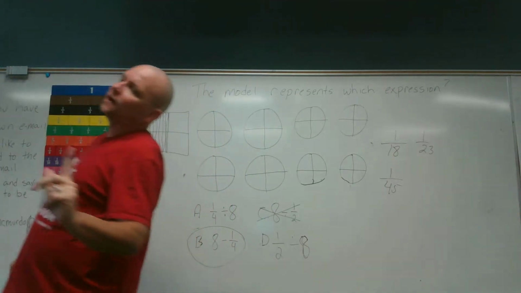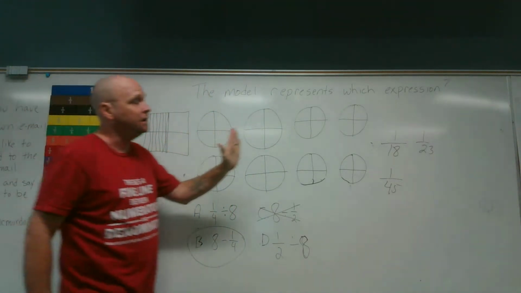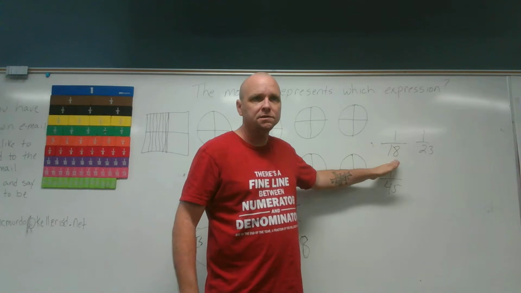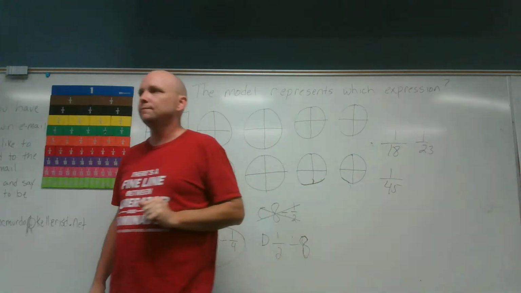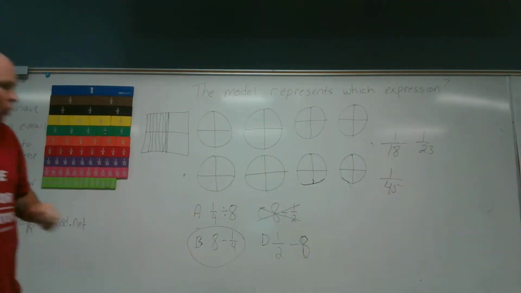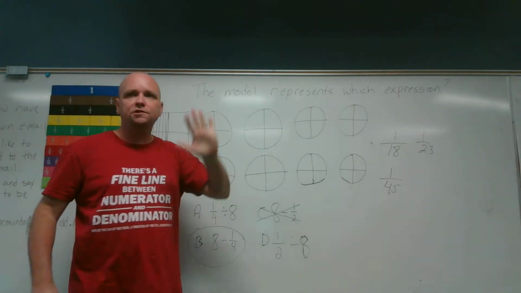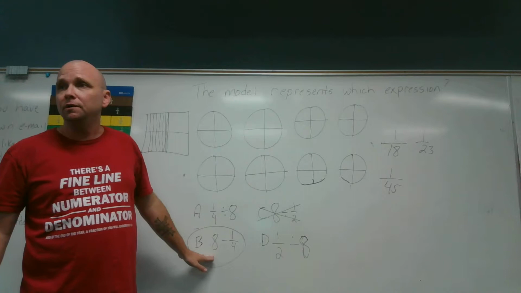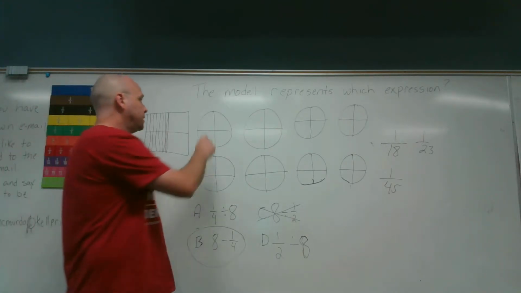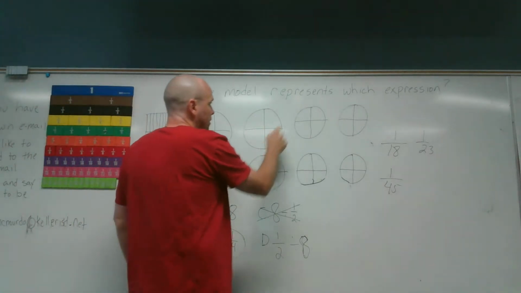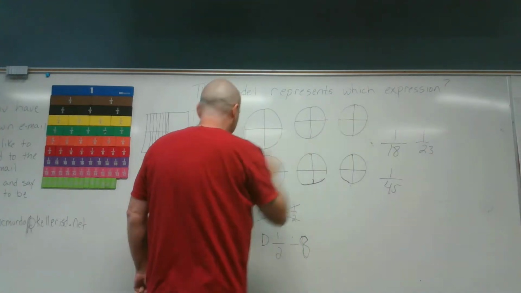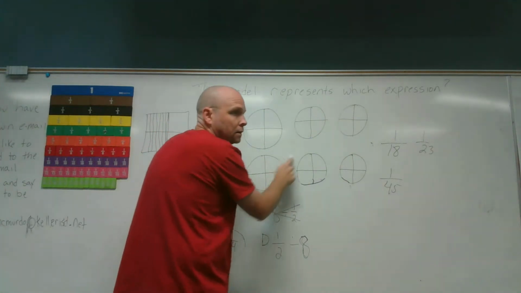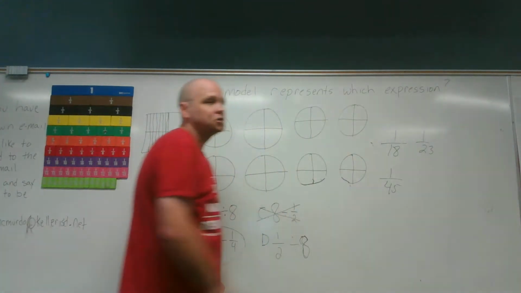So if we're dividing, if we have the unit fraction first, our answer is going to be a fraction. If we have the whole number first, our answer is going to be the whole number. And our answer in this case would be 32. How would I get the 32? I'd count each part.